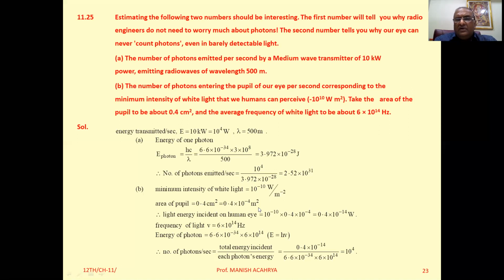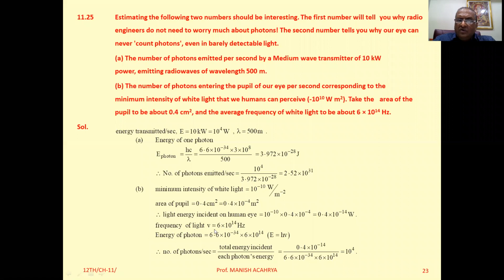So on 1 meter square 10 raised to minus 10 joule energy is incident per second. Therefore on the given area how much energy incident per second? We have to multiply it by this area. So light energy incident on human eye, that is 10 raised to minus 10 into 0.4 into 10 raised to minus 4. So you will get this much watt. This is the power.